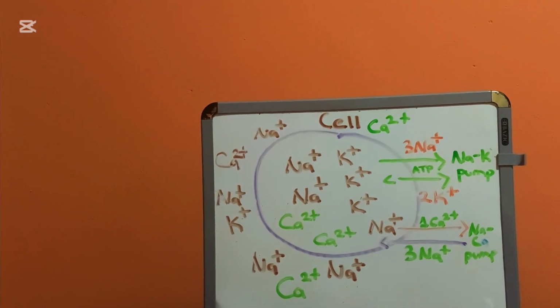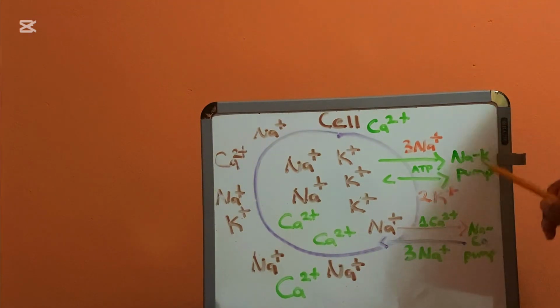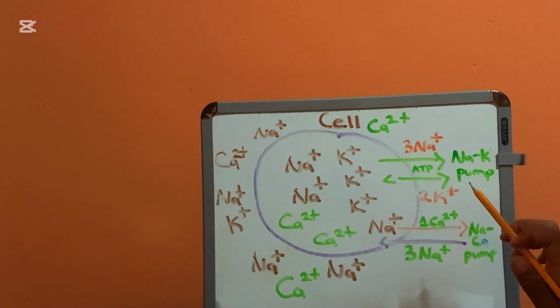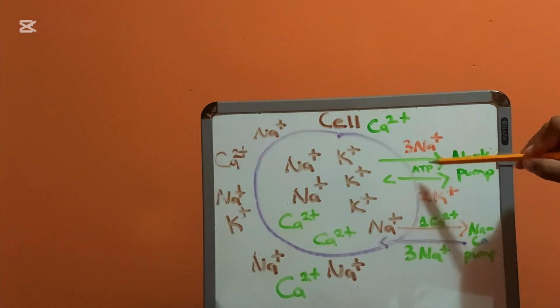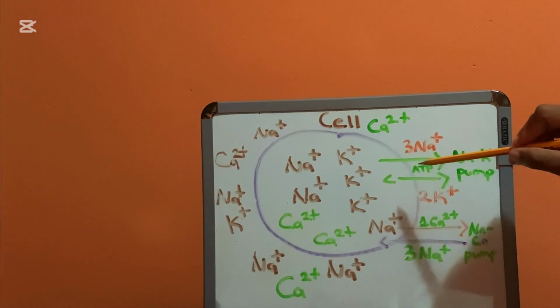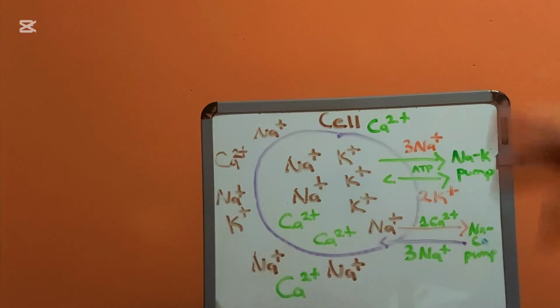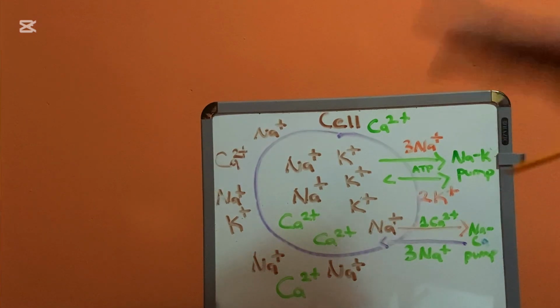The sodium potassium pump that you see here is basically active transport, meaning that it has to use this thing right here that we call ATP. ATP is referred to as the energy currency of the cell. Just like you would go to the supermarket, you have to use money to get the groceries. So for this pump to function, we need ATP.